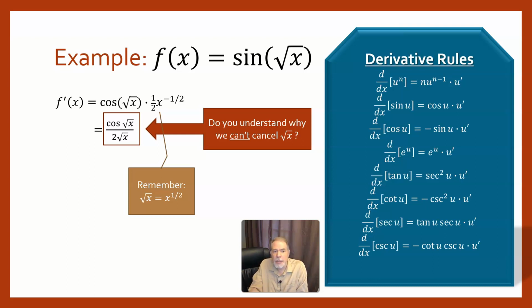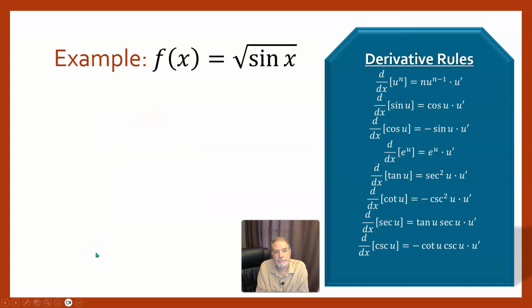It is the argument of the cosine function. So on top you have the cosine of the square root of x, which we can't just divide by the square root of x. And on the bottom, we do have 2 times the square root of x. So that can't really be simplified any further. That is the answer. Cosine of square root of x over 2 times the square root of x.